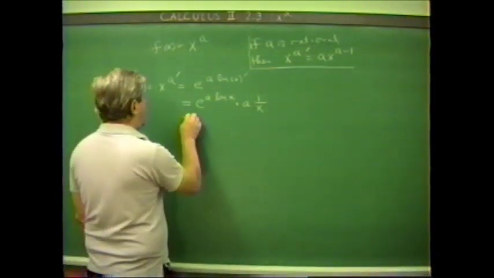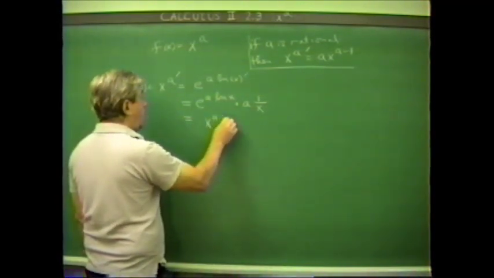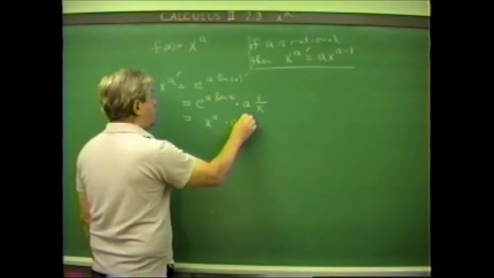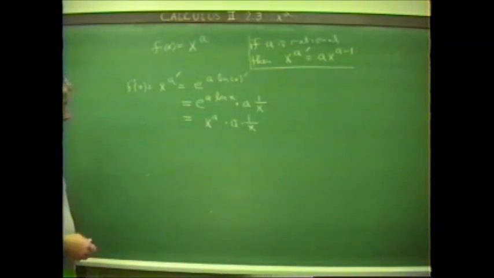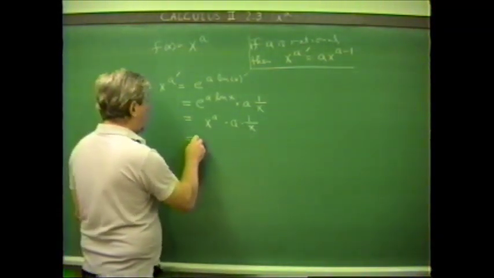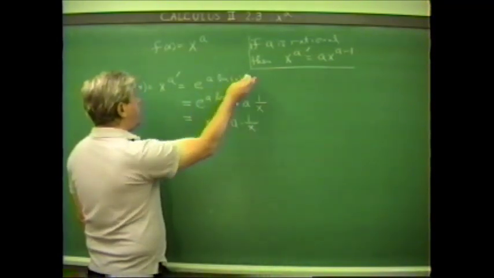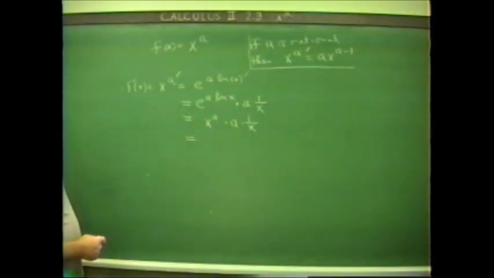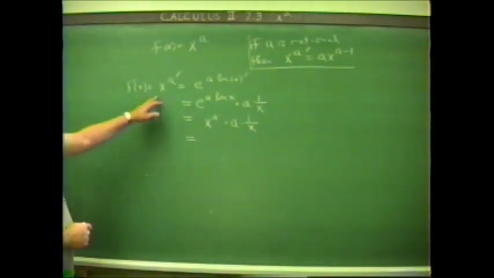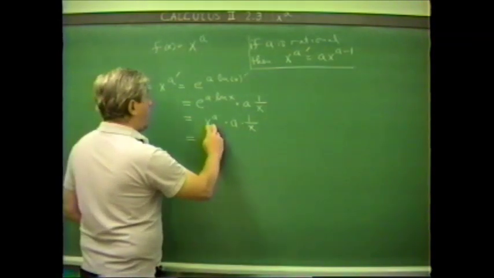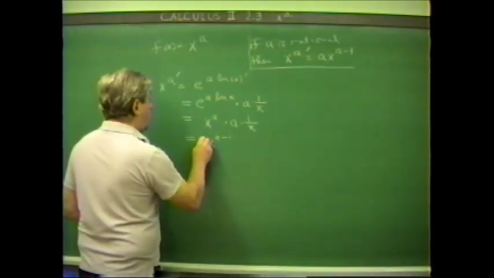All right. Now e to the a log x was x to the a. So we have x to the a times 1 over x. Using the rules for exponents, which can be checked, of course, for any two numbers where the exponents make sense, this is x to the a minus 1 times a.